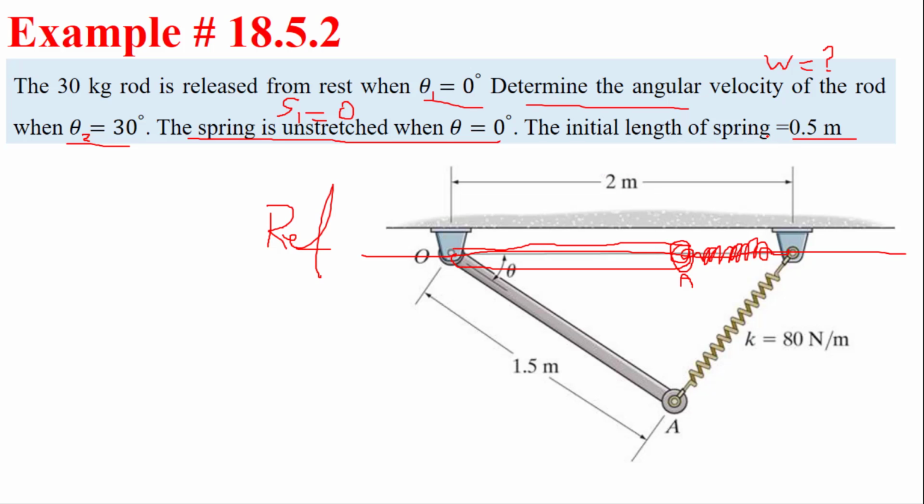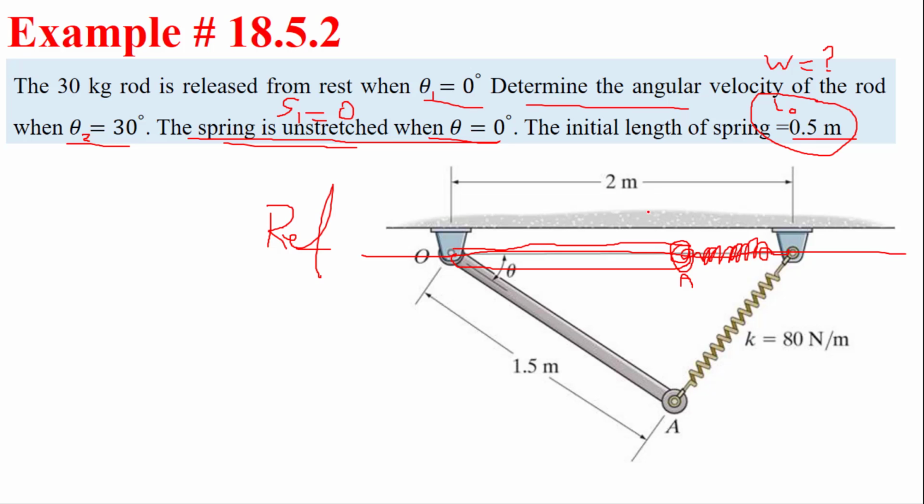The initial length of the spring is 0.5 meter. This is the initial length L of the spring when it's located at theta equal to 0. Why do I judge that this is the initial length at theta equal to 0? Because it's mentioned that when theta equals 0, the stretching is 0.